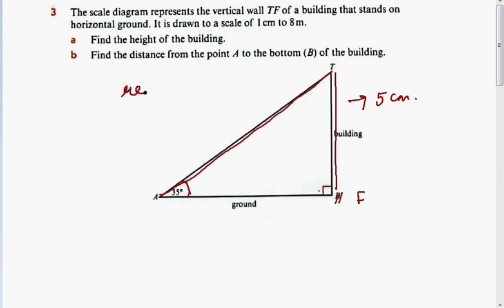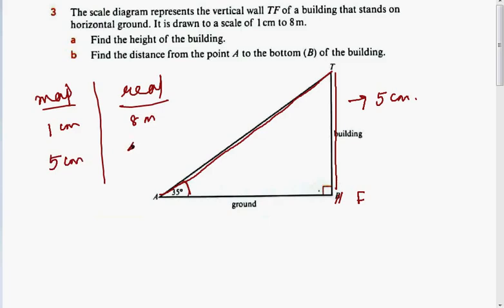So the real thing we will place on the left and the map one we will place on the right. So it is 1 cm to 8 meters, so 5 cm will be 40 meters.